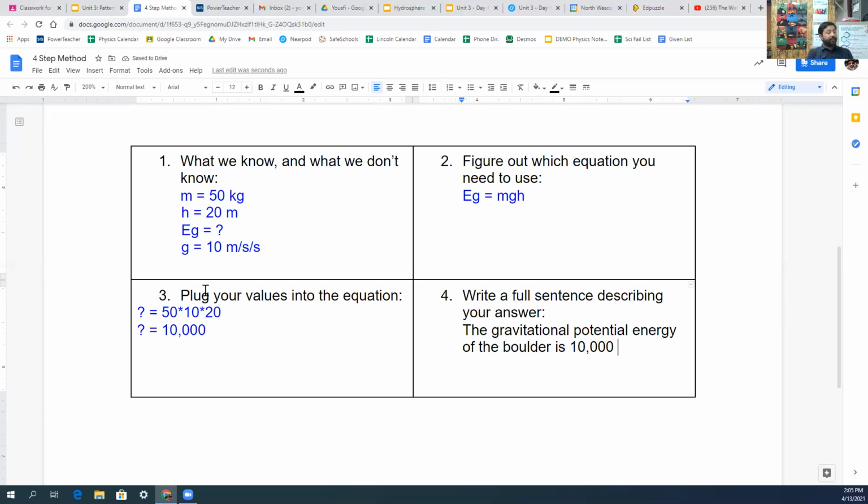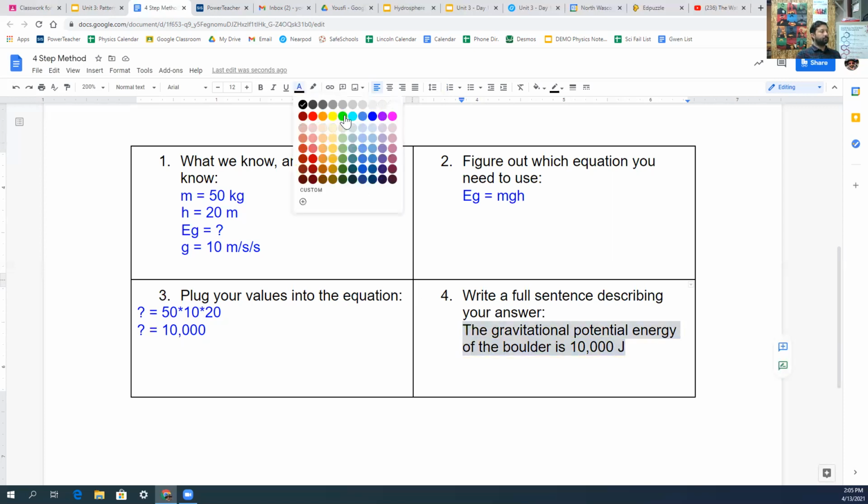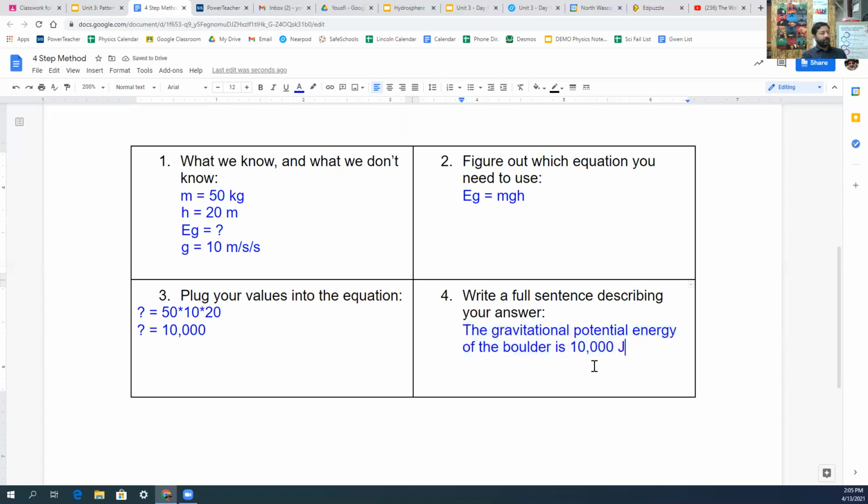What we measure energy in is joules. So this is what I would put in box 4. Here we go. The gravitational potential energy of the boulder is 10,000 joules.